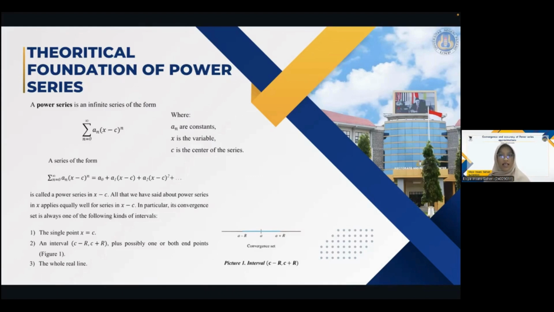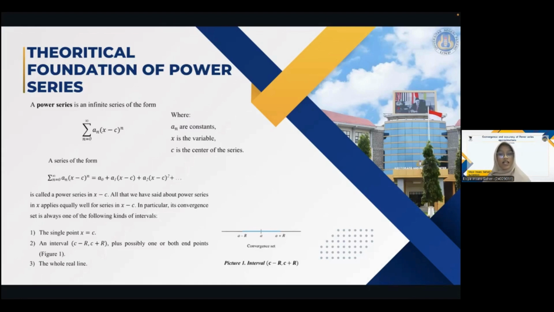This form helps us see how the series is constructed term by term. A series of this form is called a power series in x minus c. Everything we study about power series in x also applies to power series in x minus c.